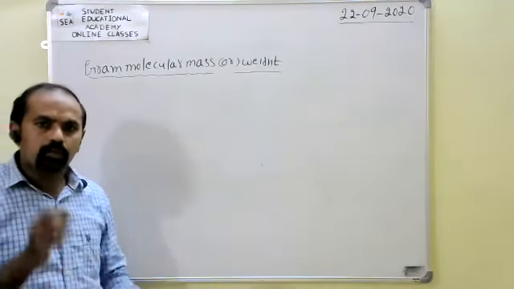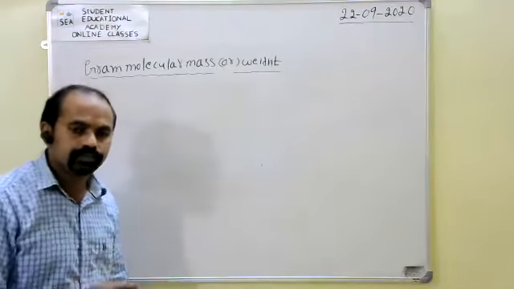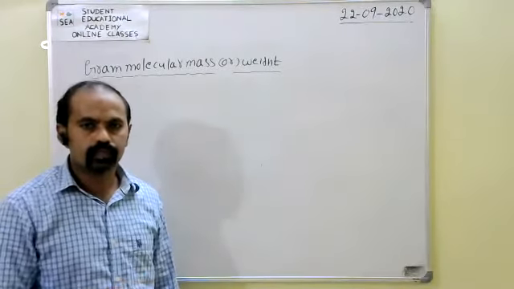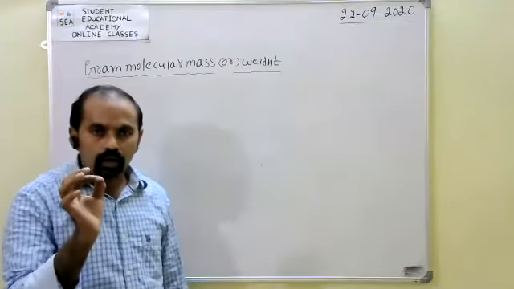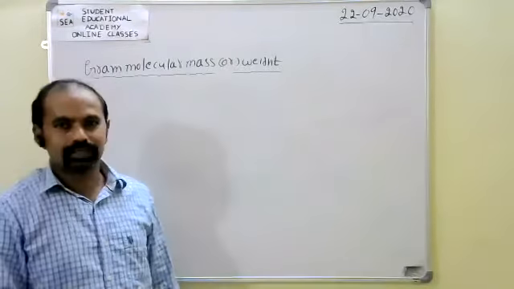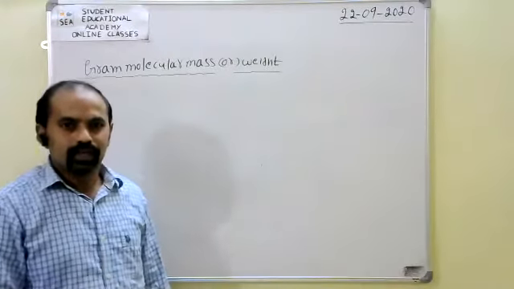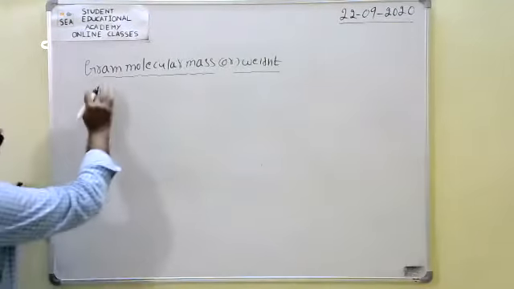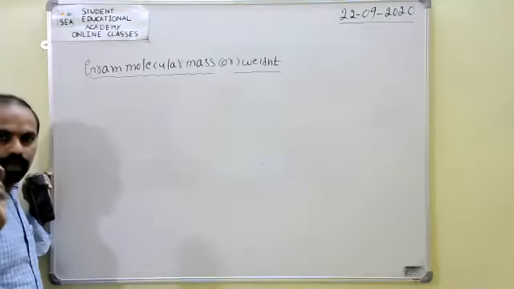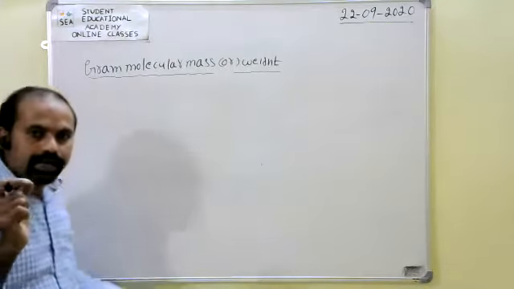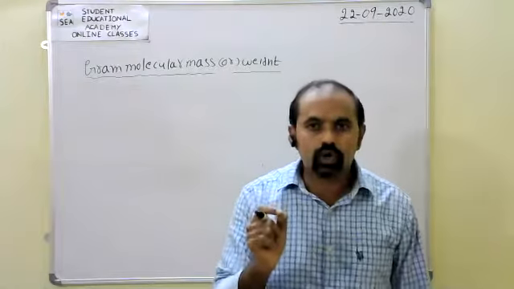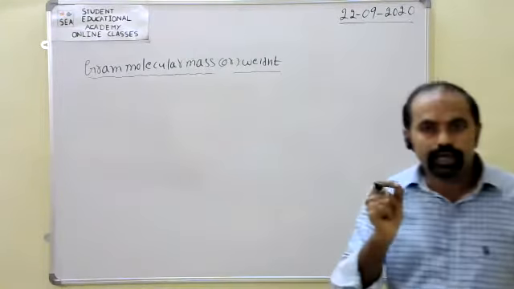This gram molecular mass equal to Avogadro's number of molecules. So here, what is called gram molecular mass? The molecular mass expressed in grams. In gram. That is called gram molecular mass.